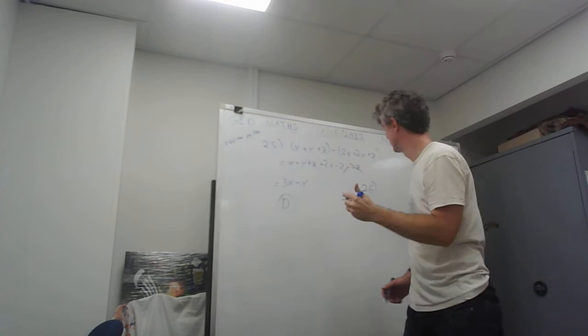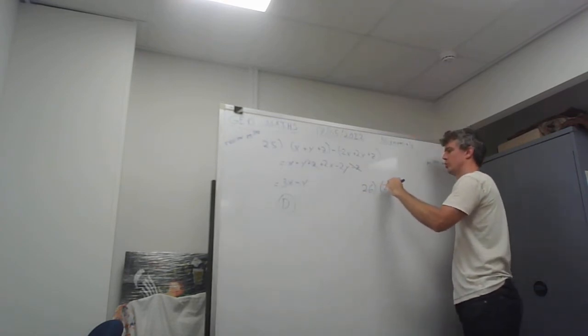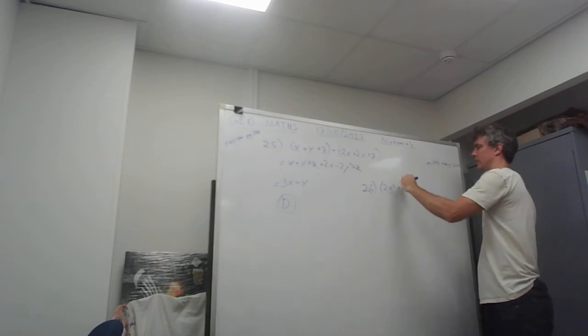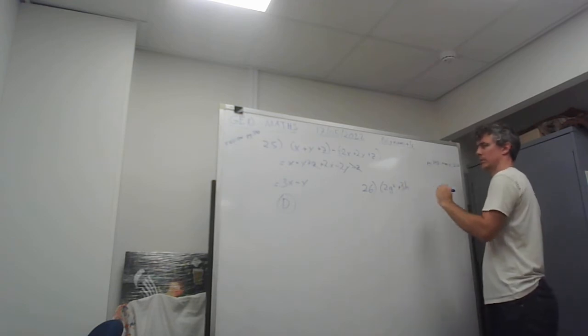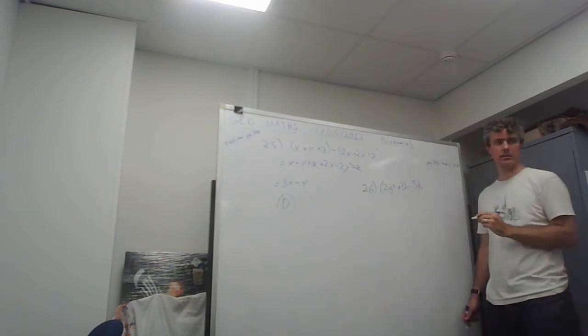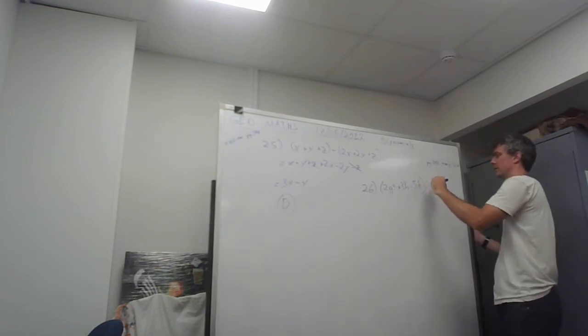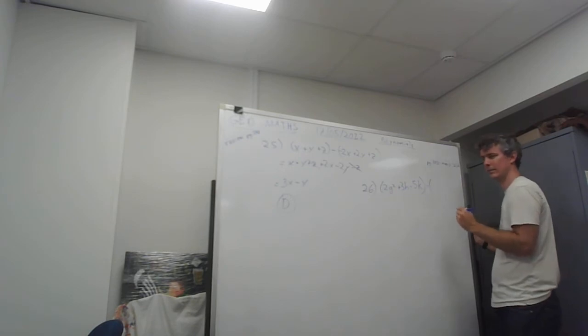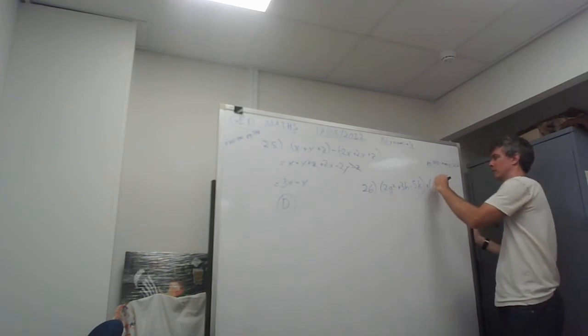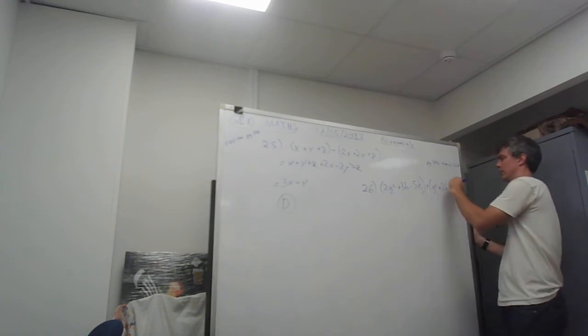2g squared plus 3h minus 5k, bracket, plus g squared plus 2h plus 3k.